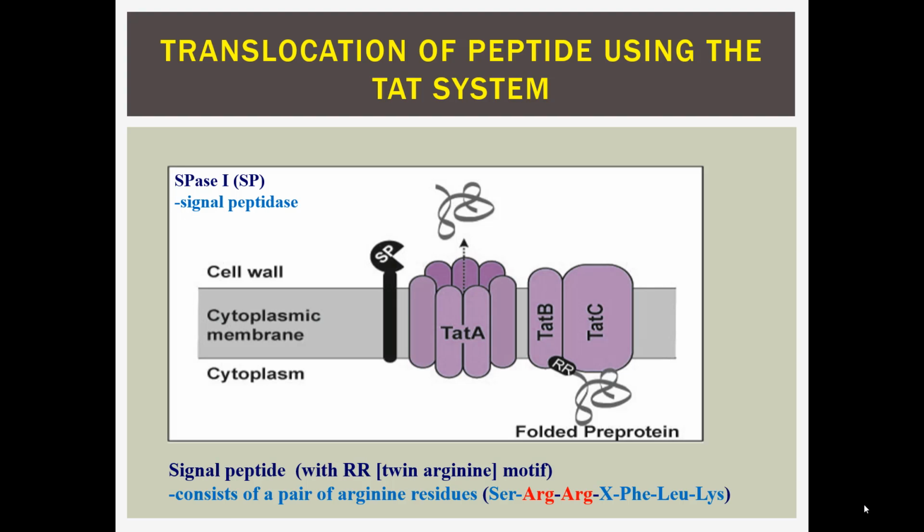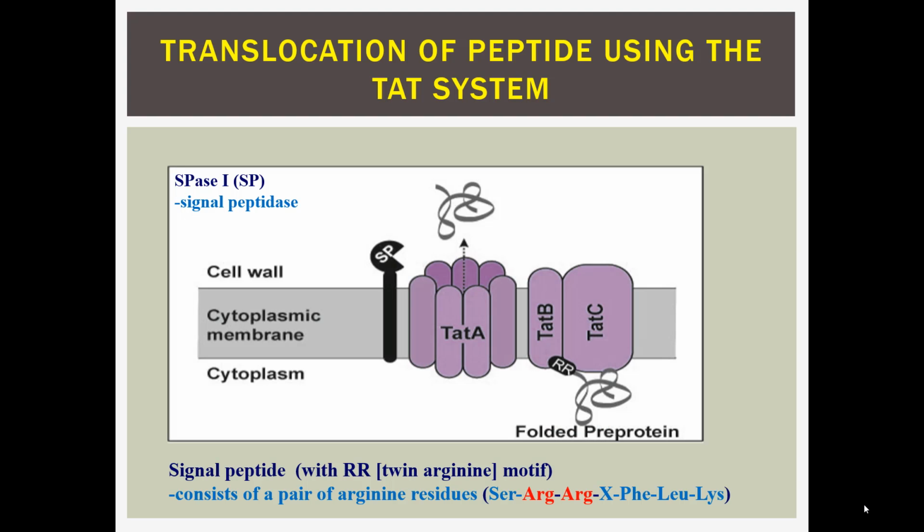Many bacteria possess a twin arginine translocation, or TAT, pathway that exports folded proteins into or through the cytoplasmic membrane. The peptides exported by the TAT pathway possess N-terminal signal sequences with a twin arginine RR motif. Prior to export, the TAT peptide is folded.